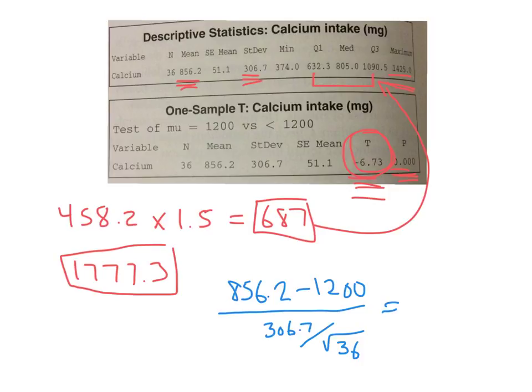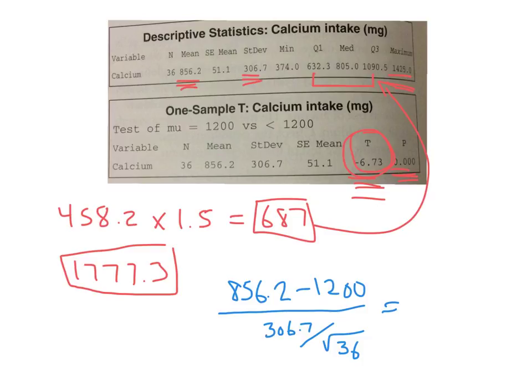So it's what we got for our sample right there, minus what they say it's going to be, and their standard deviation divided by the square root of the sample size, that's n right there, 36 people, and that should give you your test statistic.